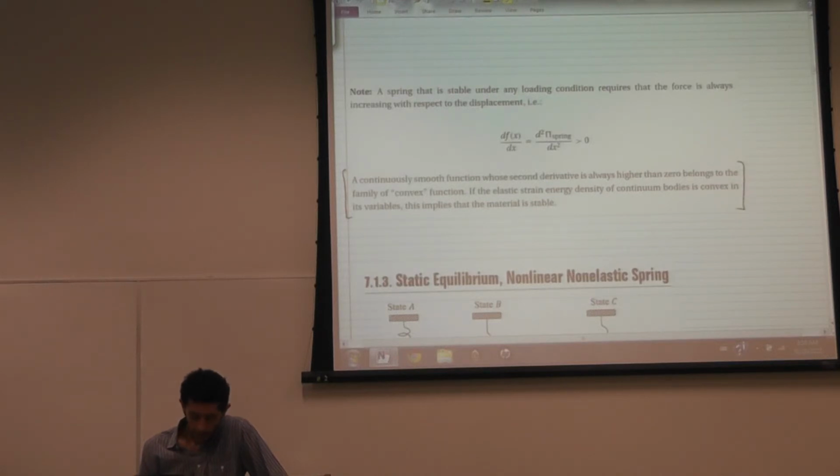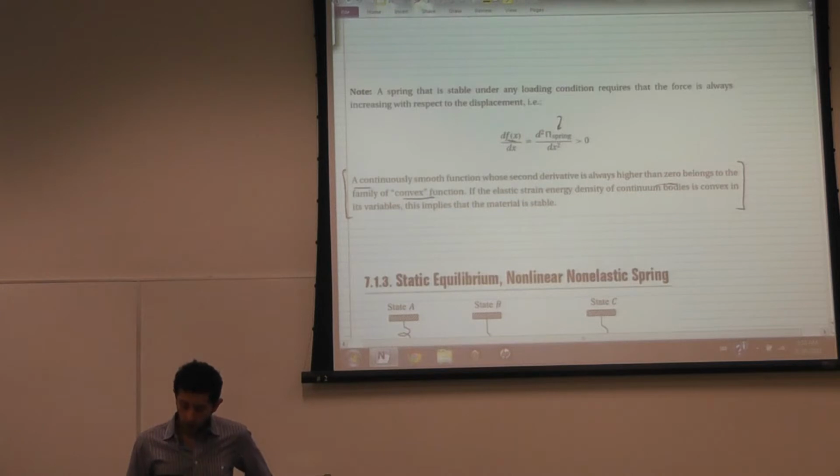This is just some facts from mathematics. A continuously smooth function f of x, here pi spring, which is the potential energy of the spring, whose second derivative is always higher than 0, belongs to something called the family of convex functions.